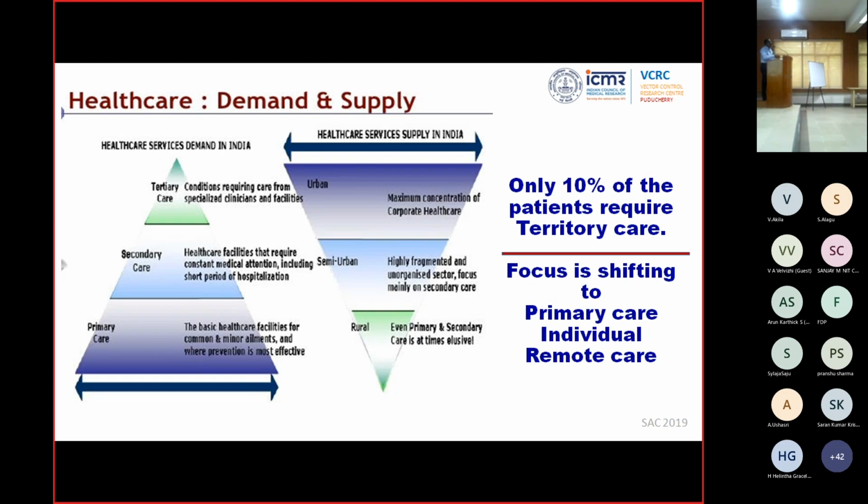Currently only 10% of the patients require tertiary care. The remaining patients do not come under that. Mostly they will be waiting for their diagnosis and completing their treatment. But now the trend is going towards individual care, and subsequently towards individual fitness. This is what people are talking about now. We are going from the stage of disease to the stage of fitness.